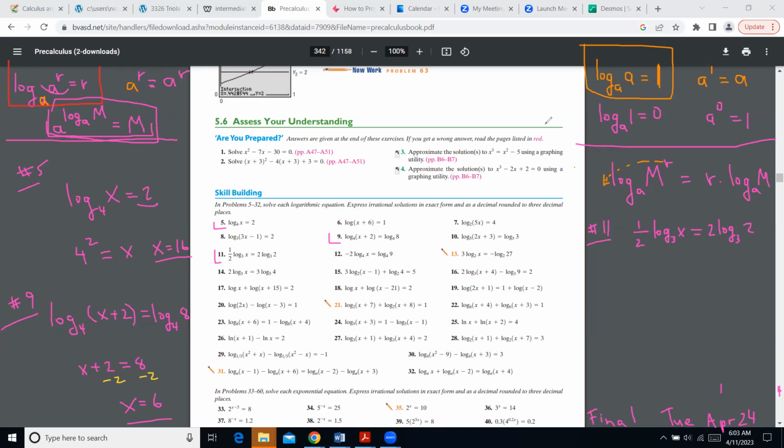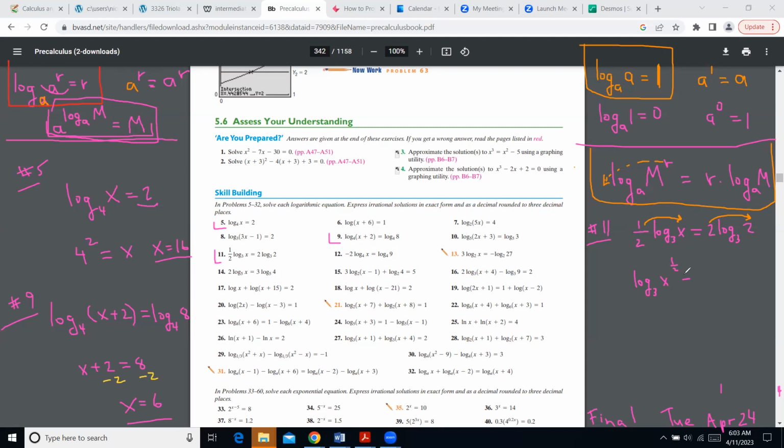And I will be using the power rule formula that appears above to have clean logarithms on both sides of these equations. In other words, I'm going to put in powers this 1/2. So I'm going to have logarithm base 3 of x raised to the power of 1/2.